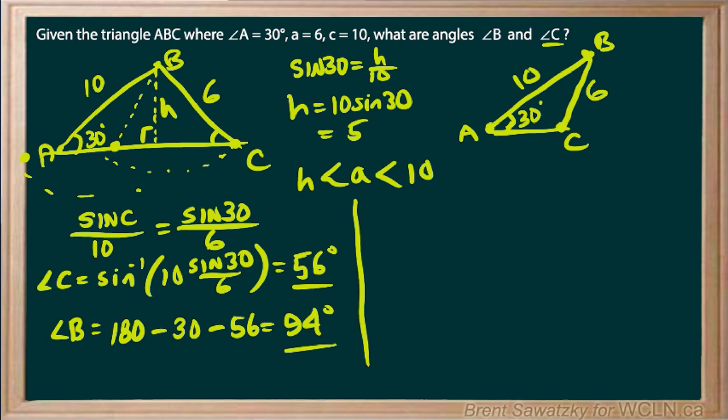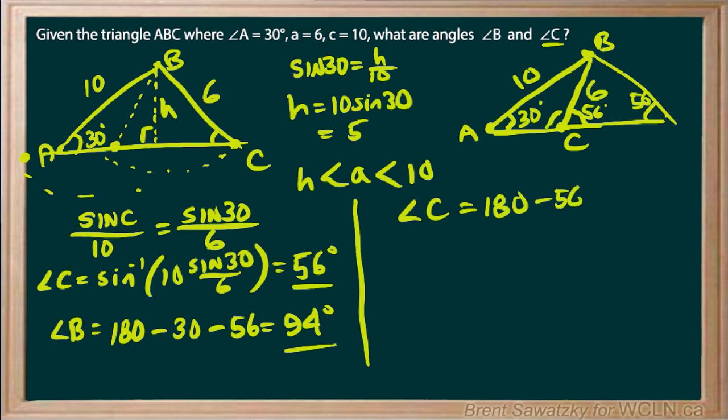So what do we know from this angle here? Well, we know that this angle and this angle would be the same. We determined that angle C over here was 56, so that means this must be 56 as well. And so angle C would be, on this line, 180 minus our 56, and that is 124 degrees.